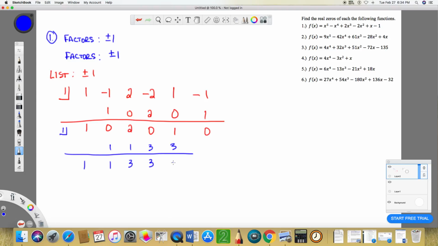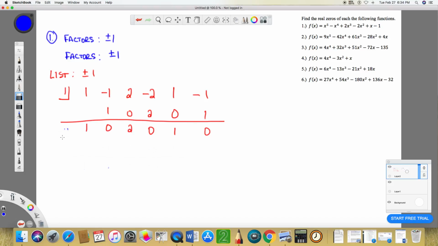I would have guessed that this would have been 0 there, but it's not. So let's try -1. And it's not either. So we're at the end of the list.